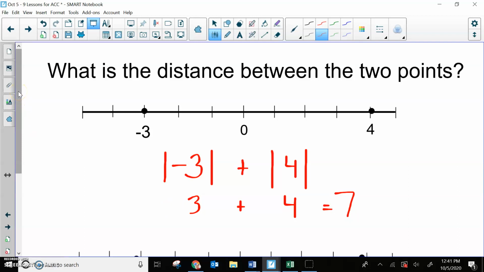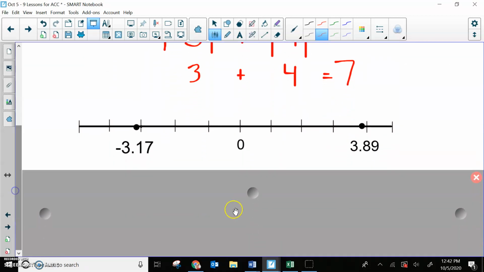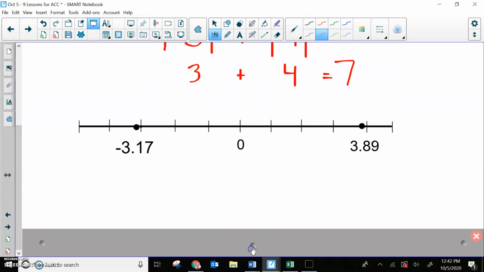Like I said, that's very simple to see on this number line. However, we might have a problem that's a little more tricky, using numbers that are not so obvious. Here we have decimal numbers, and it's not very obvious what the answer is. We can still use a math equation like this to find our distance.